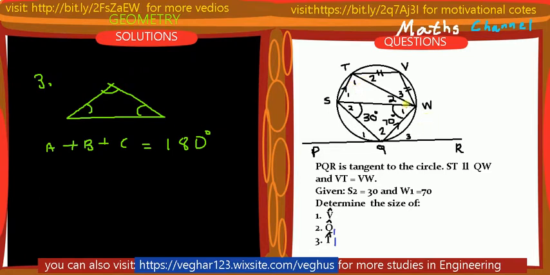Because these lines are parallel. But we know S1. The other two we don't know. Or we're given S2.